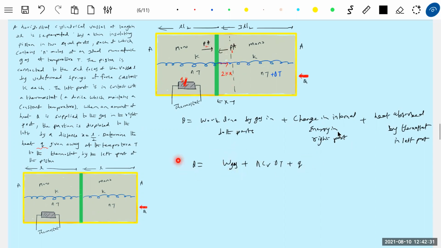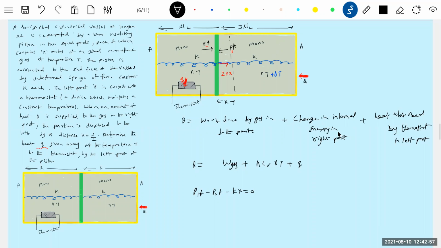So the thermodynamic equation I am writing is the first law of thermodynamics, which is what I presented. Now let's look at equilibrium. So P1A minus P2A minus kx equals 0.